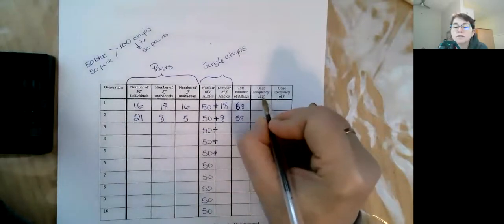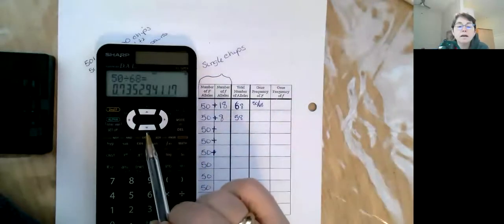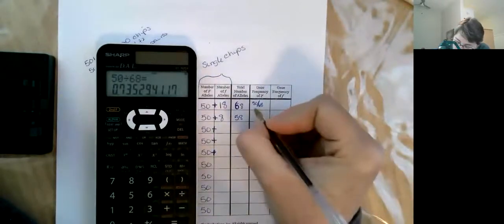Gene frequency, if you remember from the first day, is the genes that we want out of your total. So this is for the fur gene, the capital F gene, there were 50 of them. And we're going to divide that by our total here, 68. Divided by 68, I'm going to say 0.74.